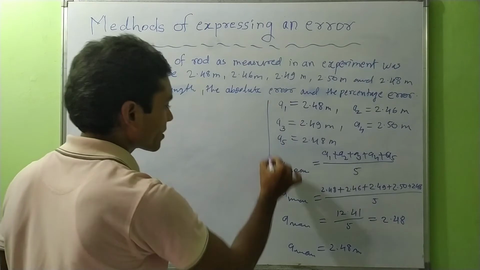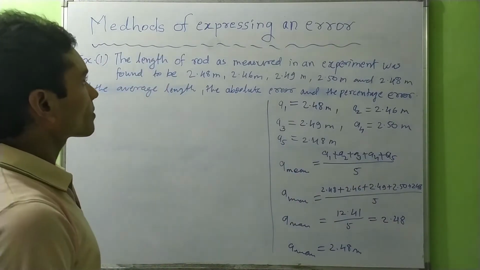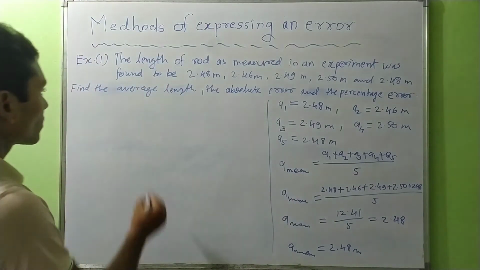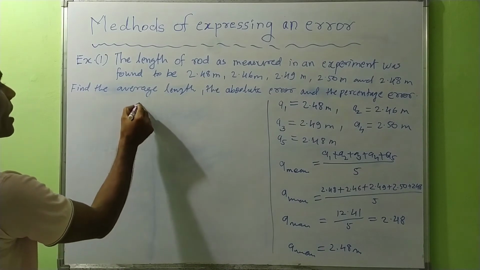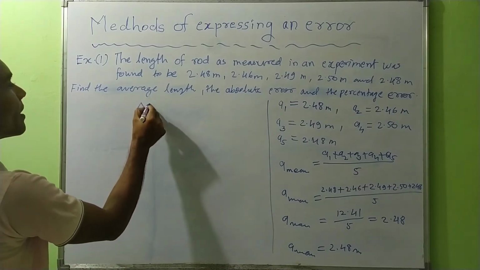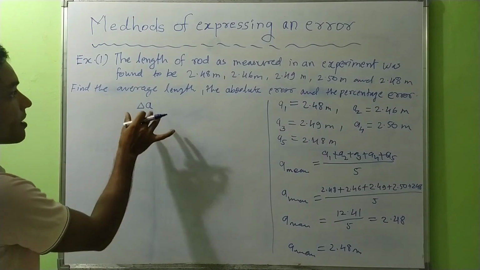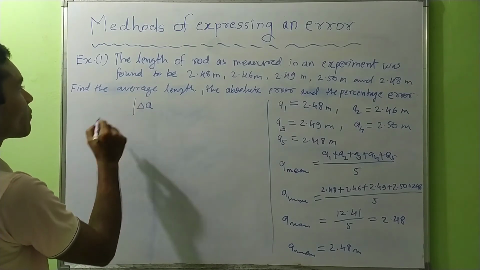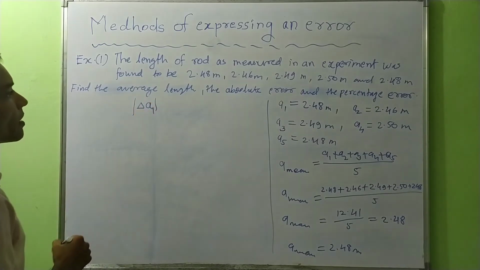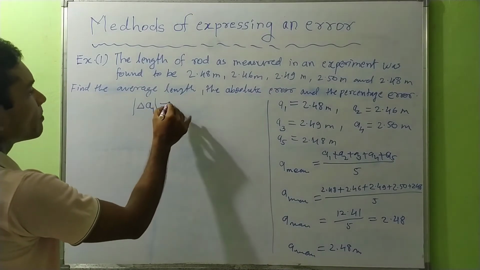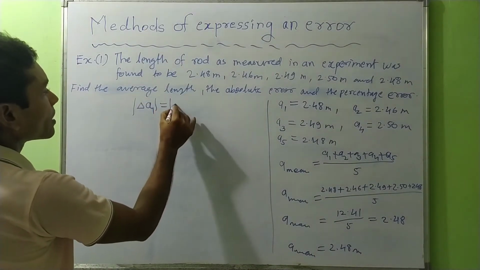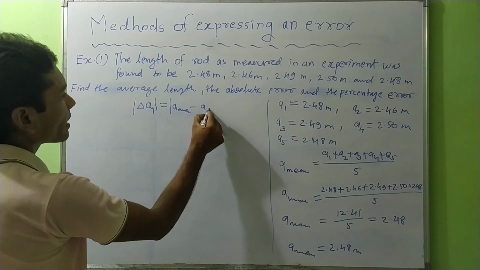So the average or mean value will be 2.48 meter. Now we will calculate the absolute error. We know that the formula of absolute error is del A. If this is the first absolute error, then this will be modulus del A1, and it will be the mean value, A mean, minus A first.